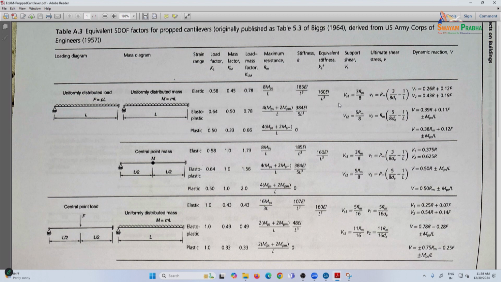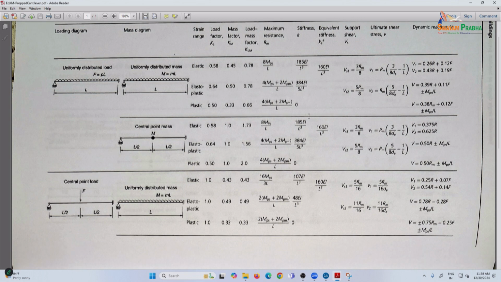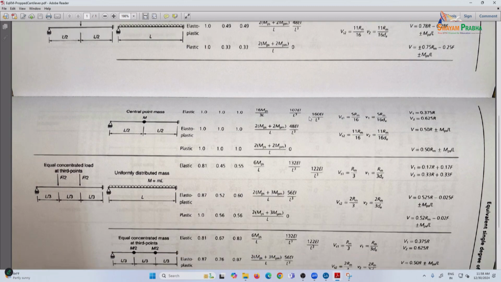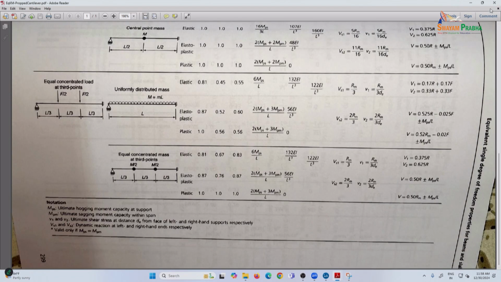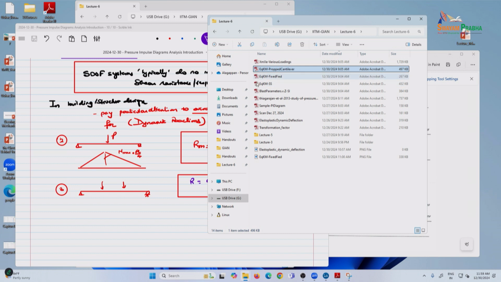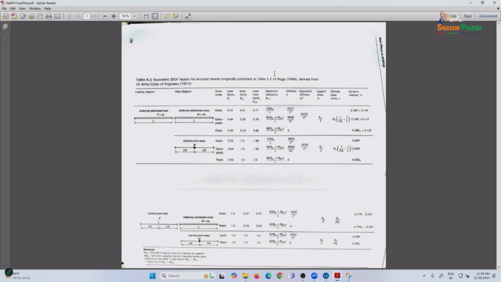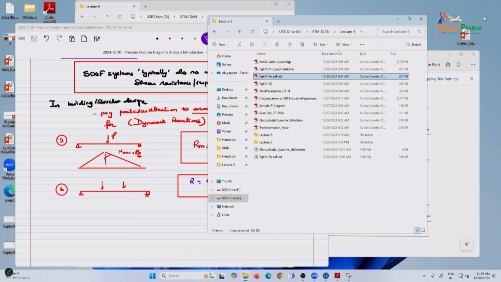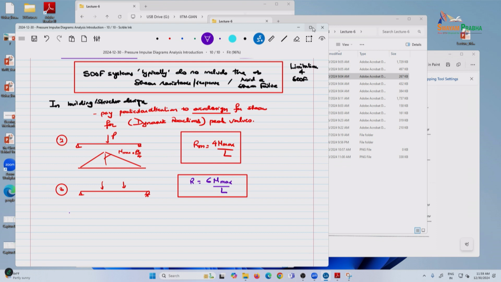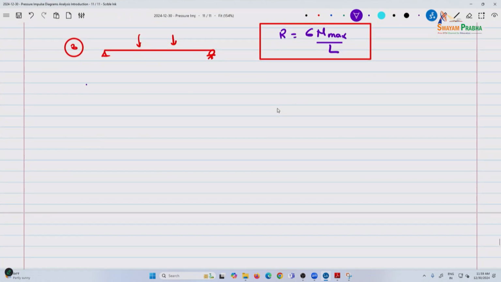You see the support shears, stiffnesses, and for the 4 scenarios, typically those are the 4 scenarios. And so that's a propped cantilever, equivalent Km for simply supported, and the other one I have is for fixed, the same things again.